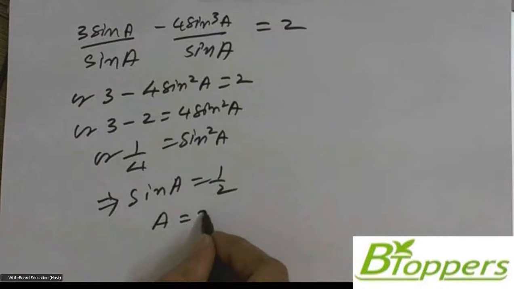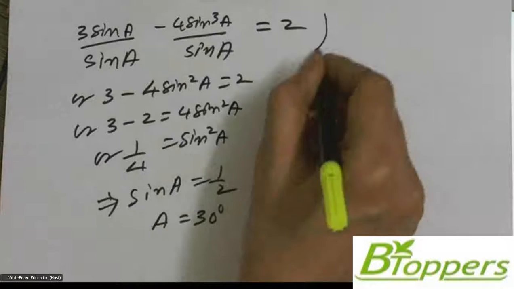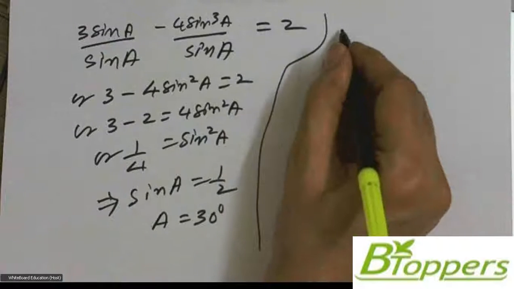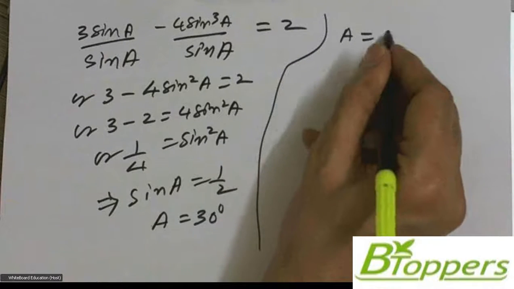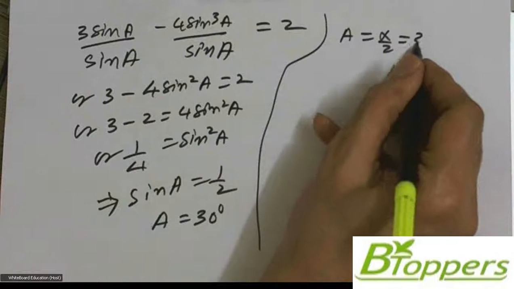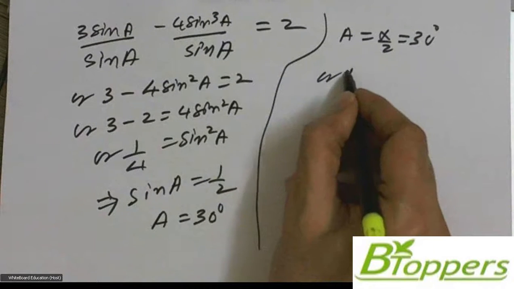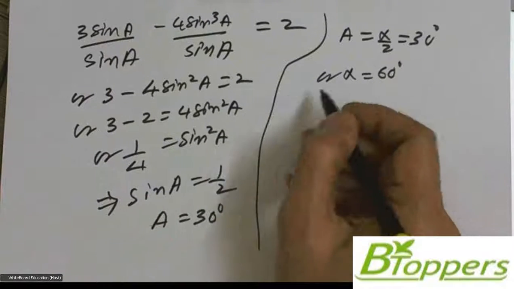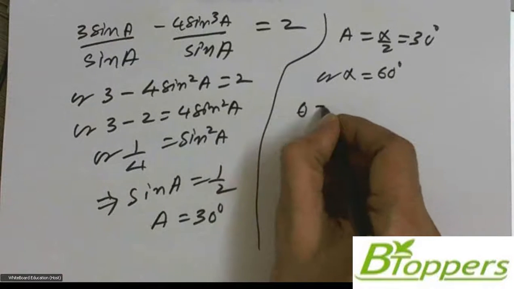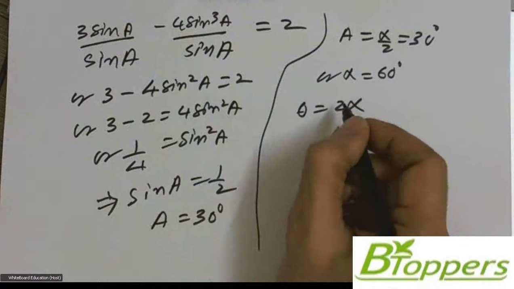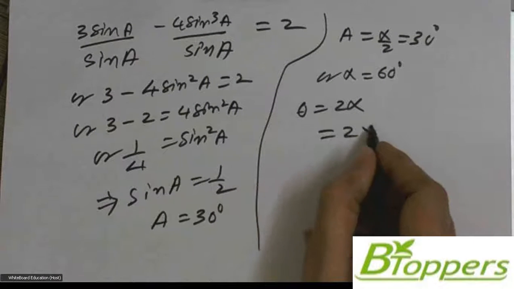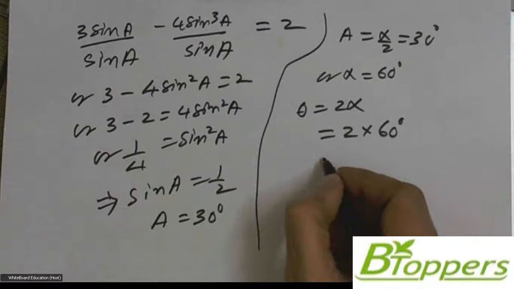So a is equal to 30 degrees. We have assumed that a equal to alpha by 2 is 30 degrees, so alpha can be written as 60 degrees. So the angle theta between the two forces is 2 alpha, that is 2 into 60 degrees, or 120 degrees.